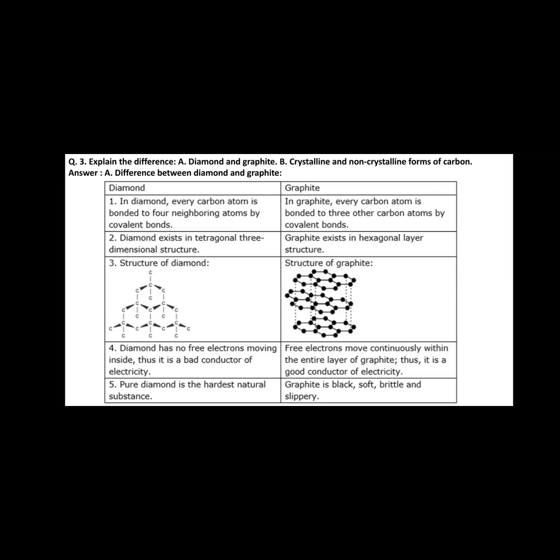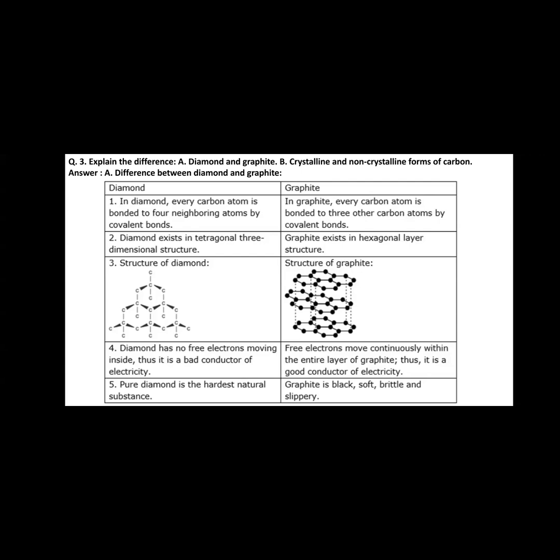Hence, one electron is always free to move within, and it is responsible for carrying the electricity, to carry the current. Therefore, graphite is a good conductor of electricity. Electrons move continuously within the entire layer of graphite, thus it is a good conductor. So this is the big difference between diamond and graphite. Diamond is a bad conductor, but graphite is a good conductor of electricity.